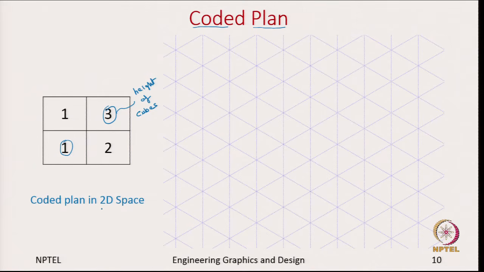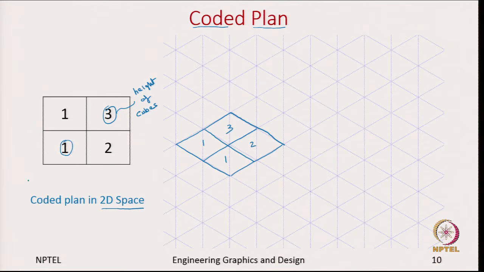So, this is how you show a coded plan in 2D space, but in 3D space how do we show that? In 3D space, this is how you show that coded plan. So, essentially since this is a 2 by 2 matrix, the same 2 by 2 matrix we show here and then show the same numbers 1, 1, 2, 3.